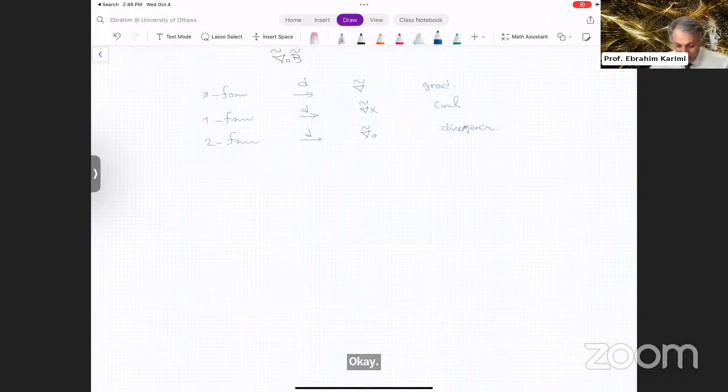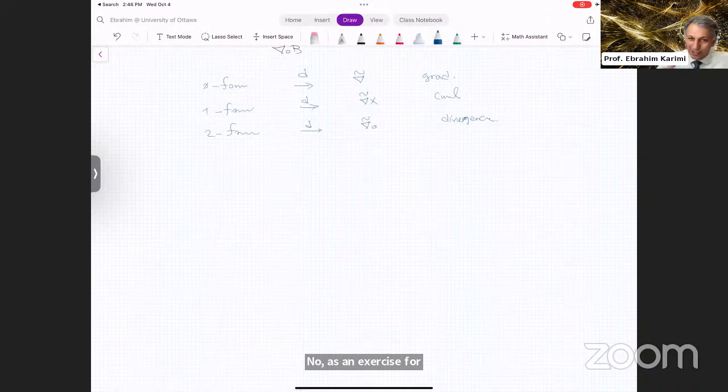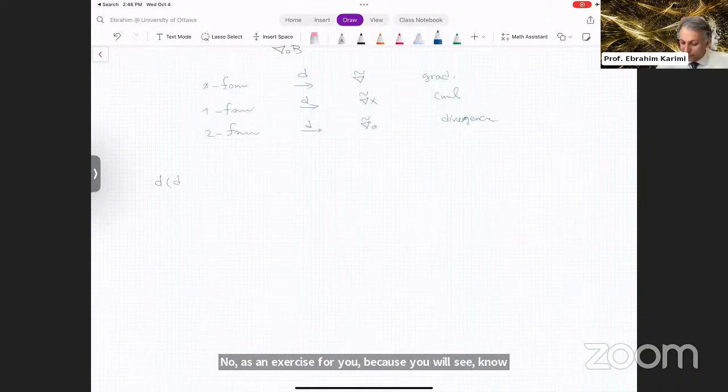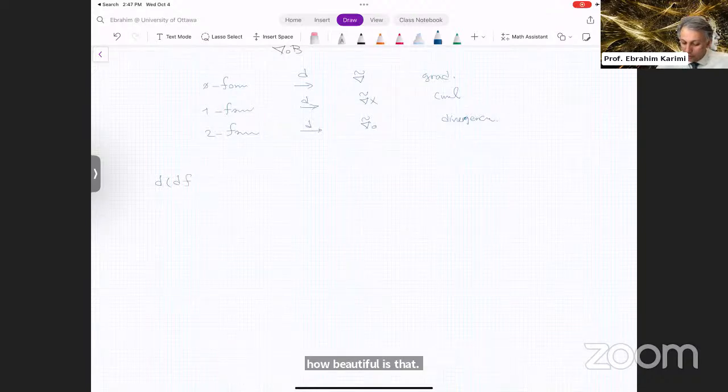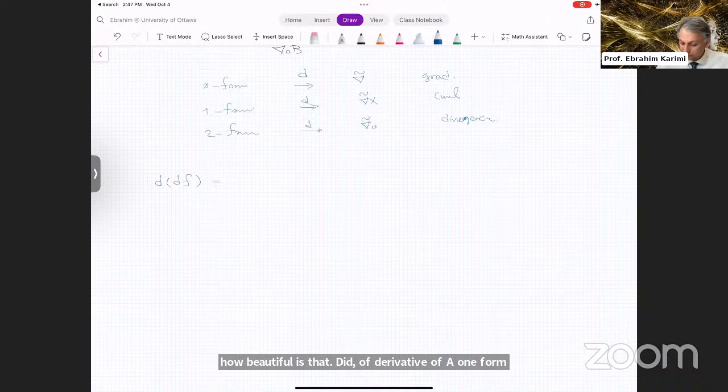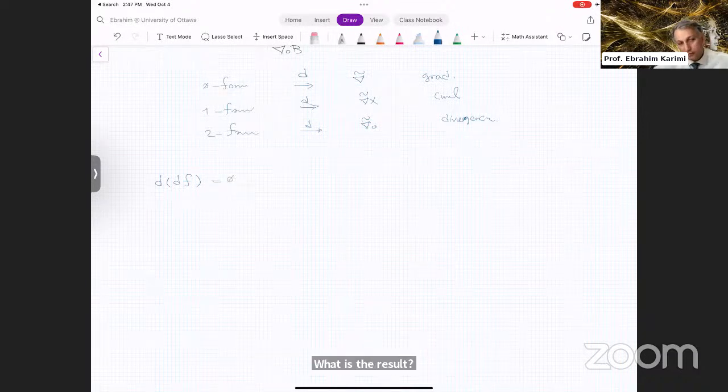Now, as an exercise for you, because you will see now how beautiful that is: the derivative of a one form, zero form. What is the result? It should be zero, right? That's what we learn from the Poincaré lemma.